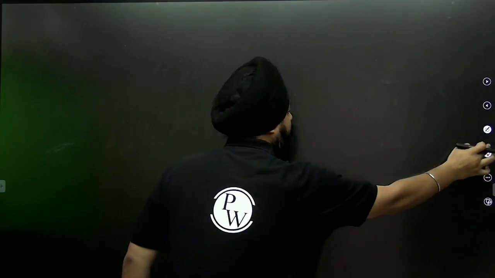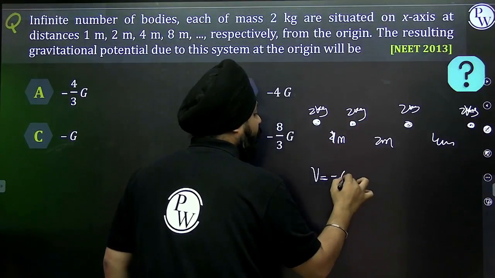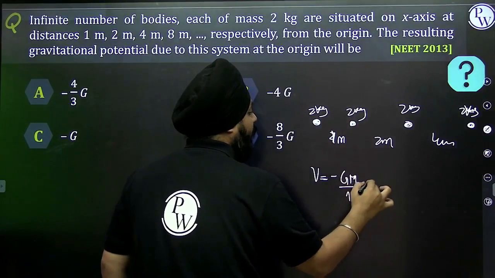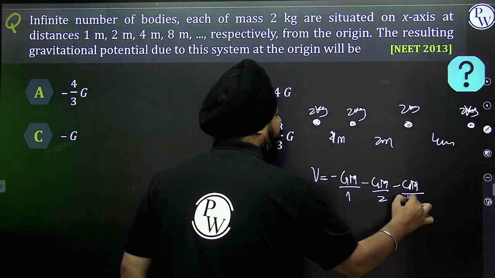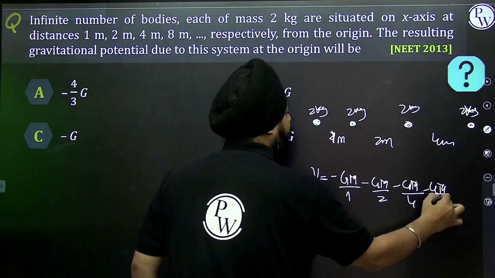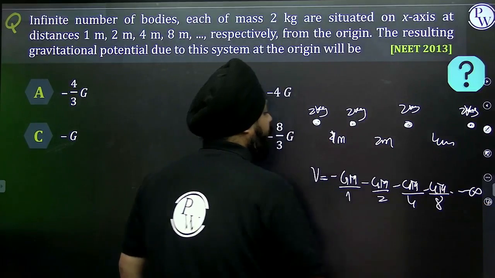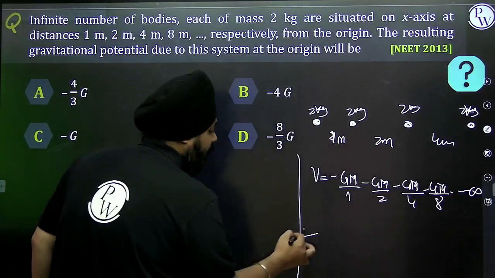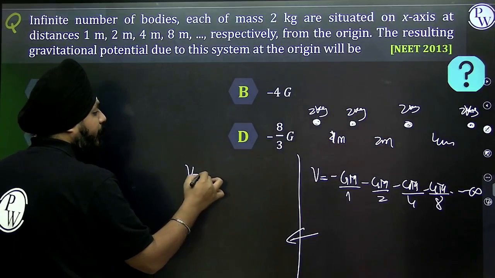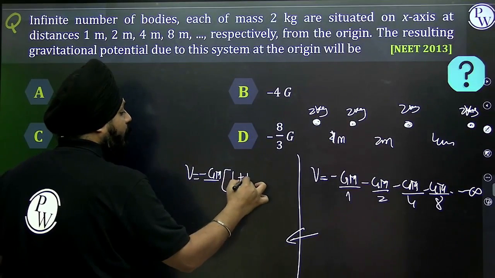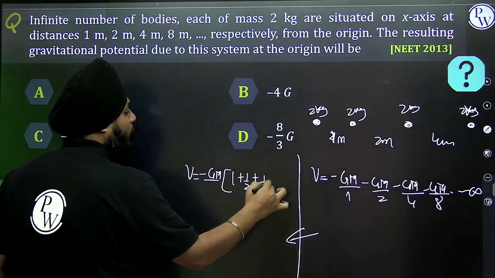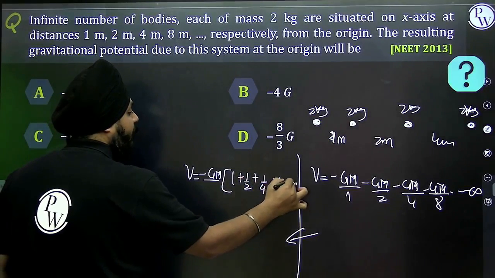So infinite GP is formed: negative of GM times (1 + 1/2 + 1/4 + 1/8 ...) up to infinity.